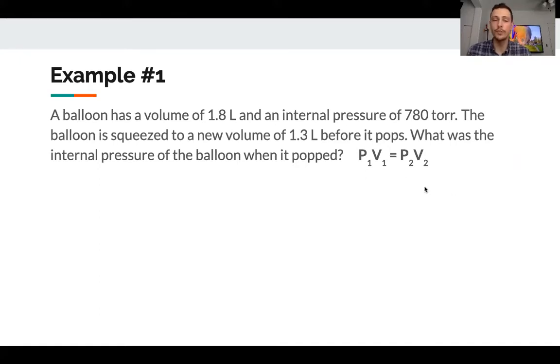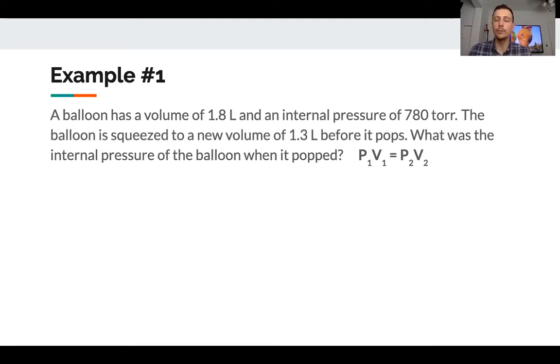So again, just like all the other equations we've used throughout the year, it's just like a little game of Where's Waldo? You find each of these numbers, you find which one of these they belong to, you plug them in, you solve for the one you don't have. I like to just start from the left and work my way across. My P1, again, P stands for pressure, 1 stands for initial.